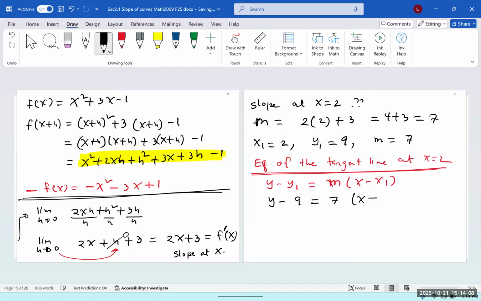X minus, what is our x1? 2. So y minus 9, you distribute, you get 7x minus 14. To get the y alone, what do you have to do? Add 9. So y equals 7x minus 5.